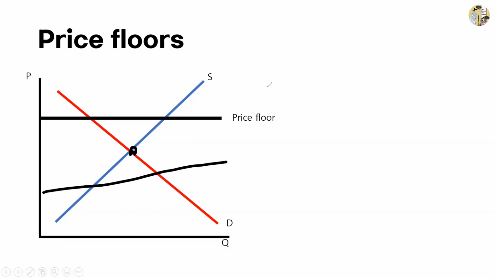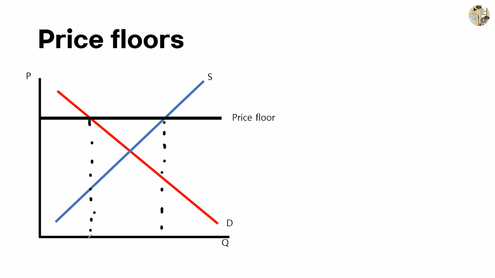All right. So whenever a price floor happens, you can now see that the quantity supplied is bigger than the quantity demanded. So there is a surplus in the market. Well, where is the quantity that is actually sold and purchased going to be? Will it be the quantity supplied? No, it will be the quantity demanded.